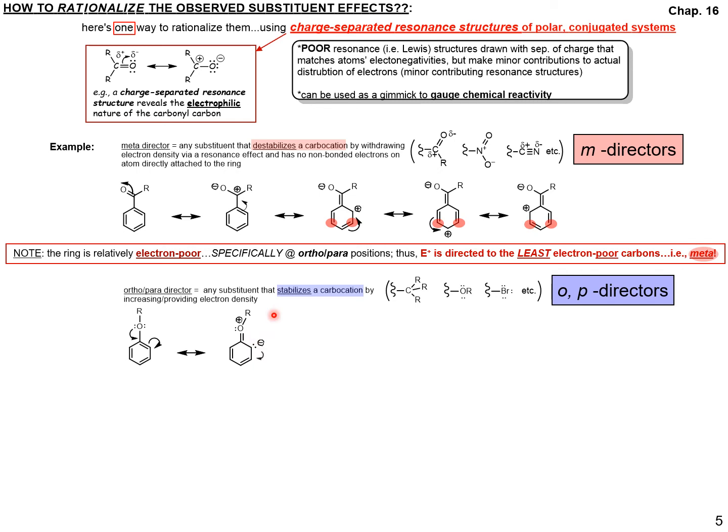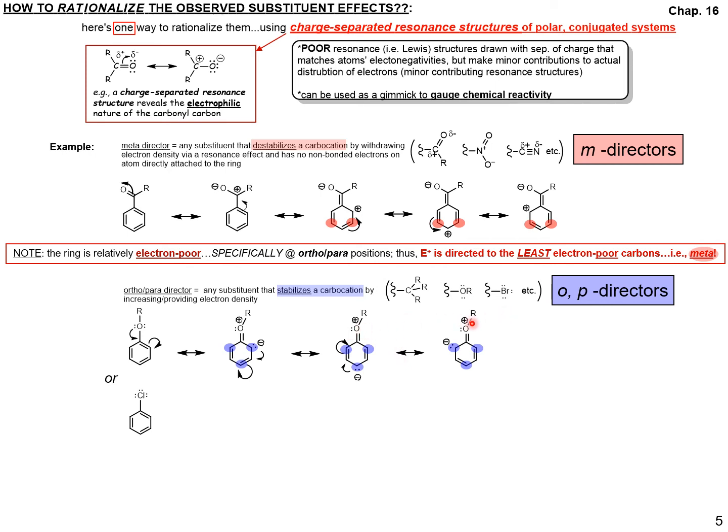Again, I'll draw resonance structures in the normal fashion, and you'll see that not only do we know that this ring is electron rich because of this very generous oxygen donating its non-bonded electrons to the ring, we see that it's most electron rich at the ortho and para positions, as indicated by the non-bonded electrons, the little minus charge I put there to indicate those carbons have an abundance of electrons.